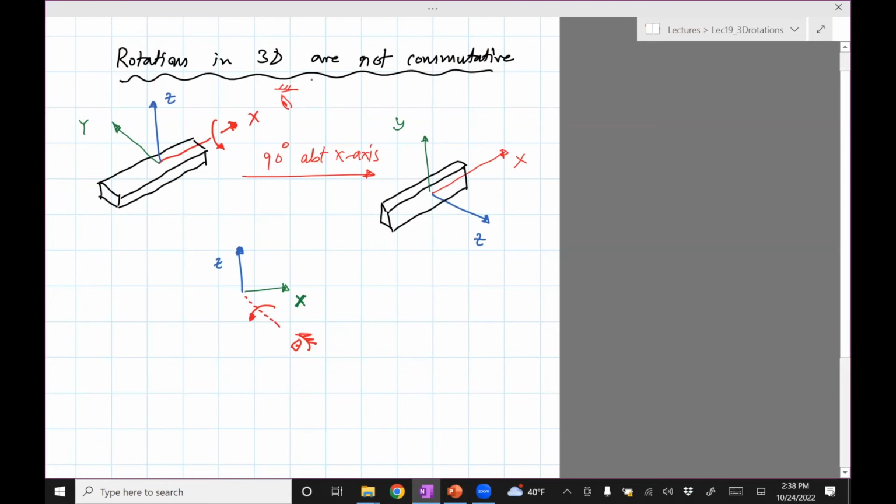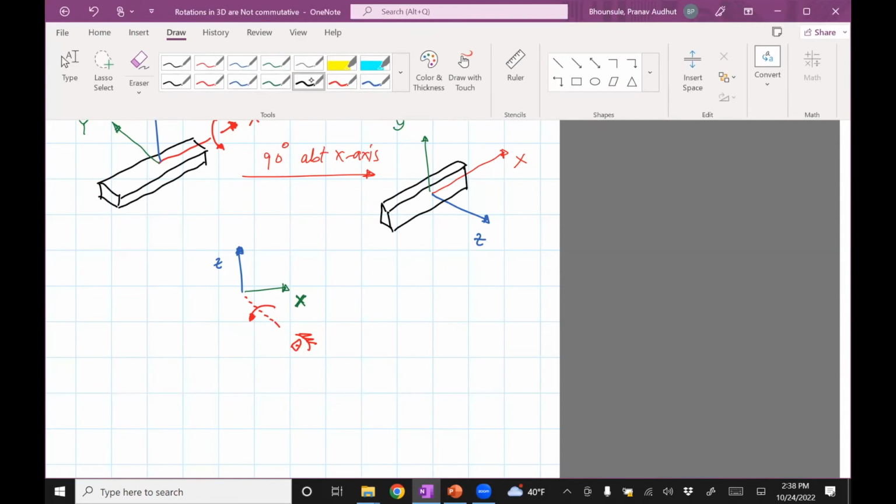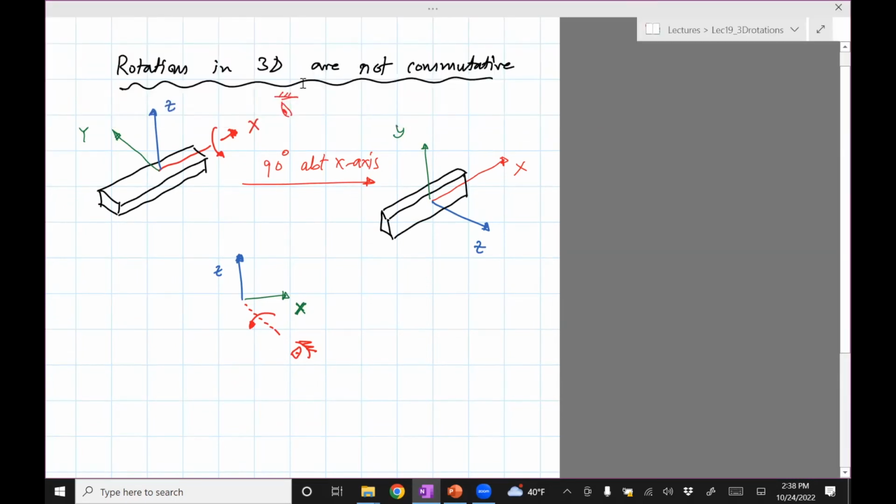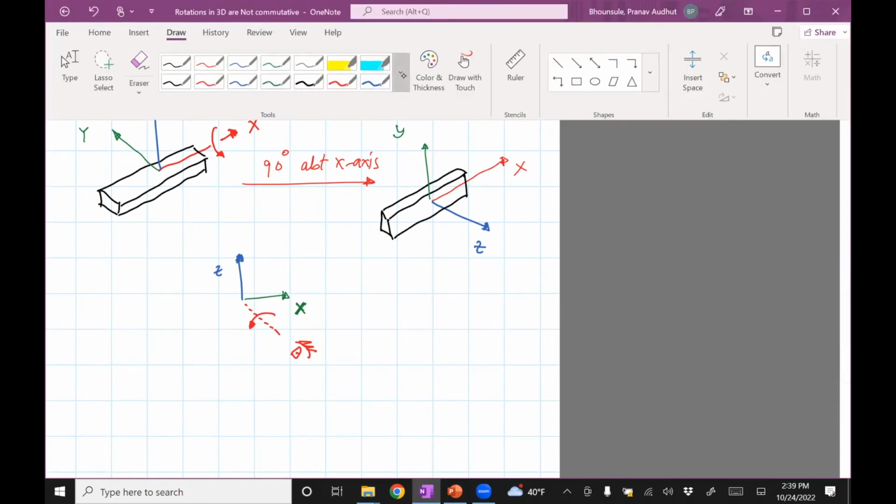Okay, so let's do the second rotation now. Let's rotate about the y-axis by 90 degrees.